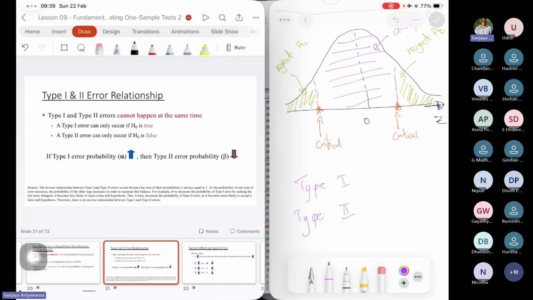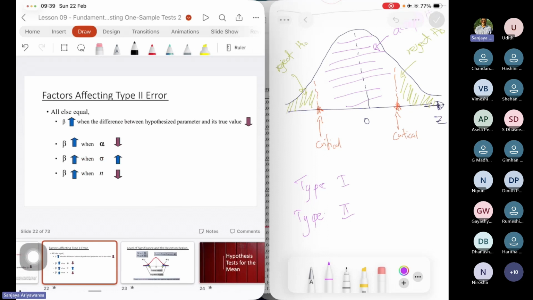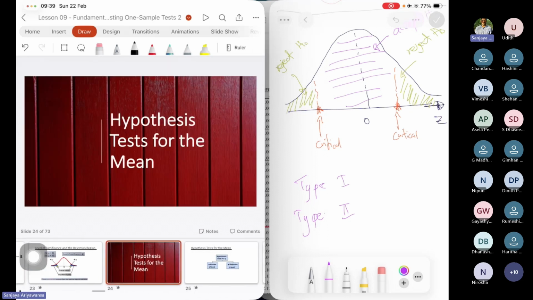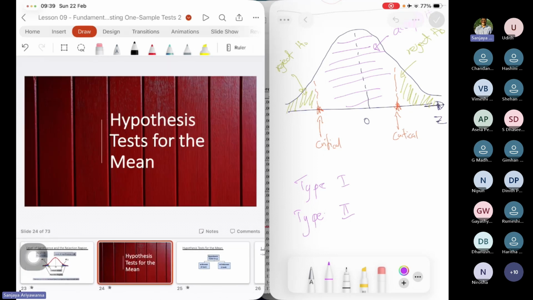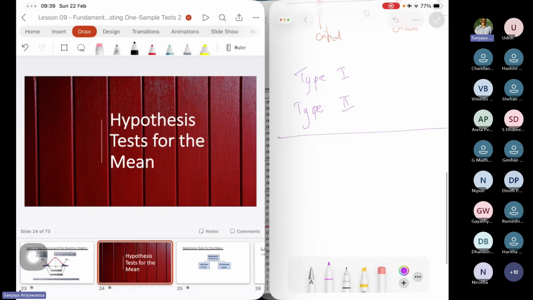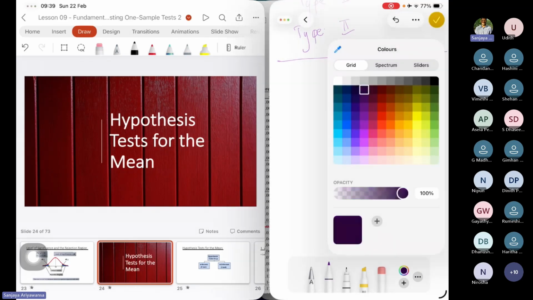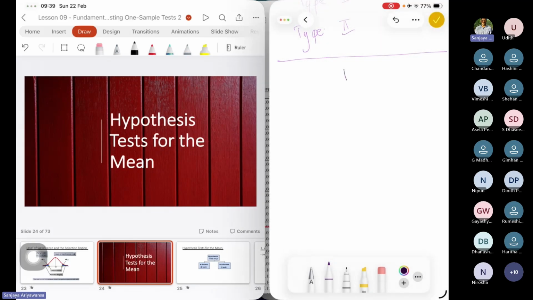I won't go into it in detail, but I will skip to the hypothesis test for mean. Similar to the last lecture on confidence intervals, we divide this hypothesis testing. Remember, we are only testing for one sample.